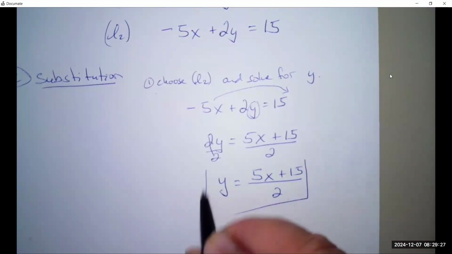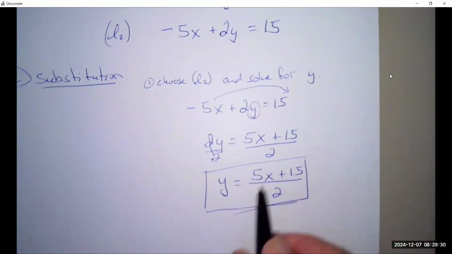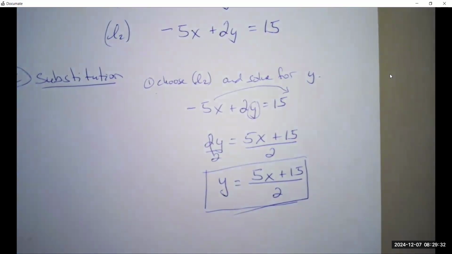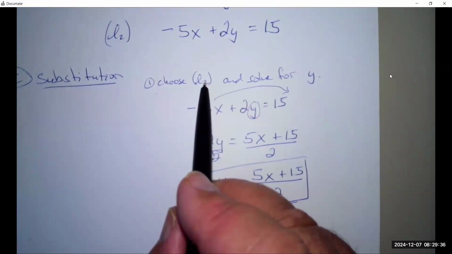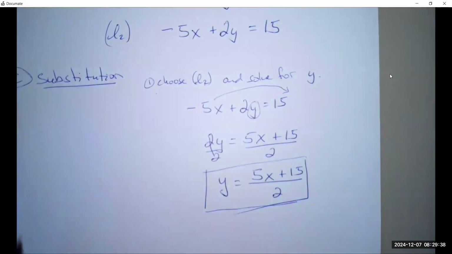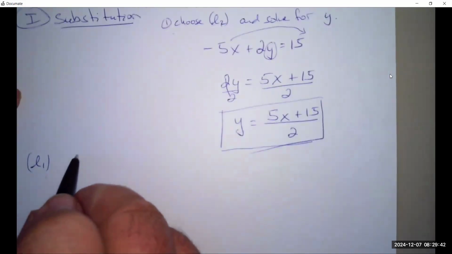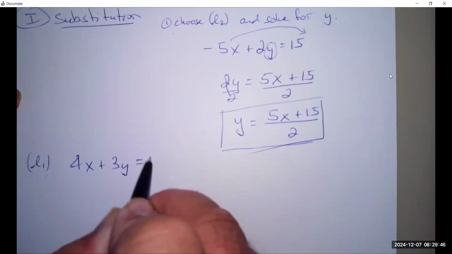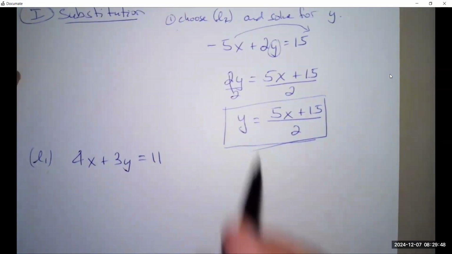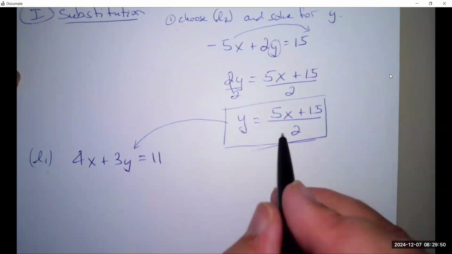So to find our y value, we have to use that equation. But since we used line 2 in this first step, we now have to take line 1, which was 4x plus 3y equals 11. And anywhere we see a y, we put this equation.